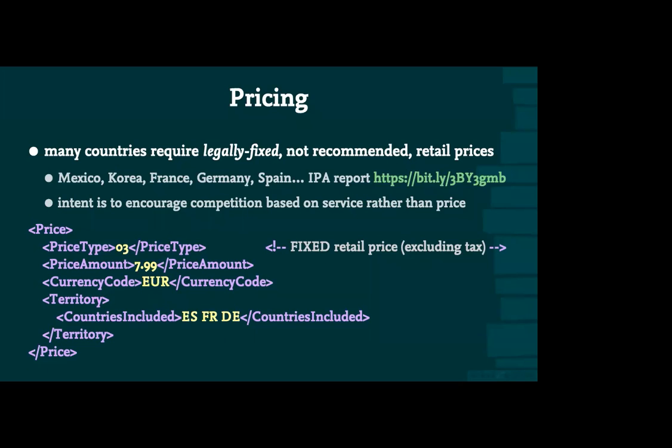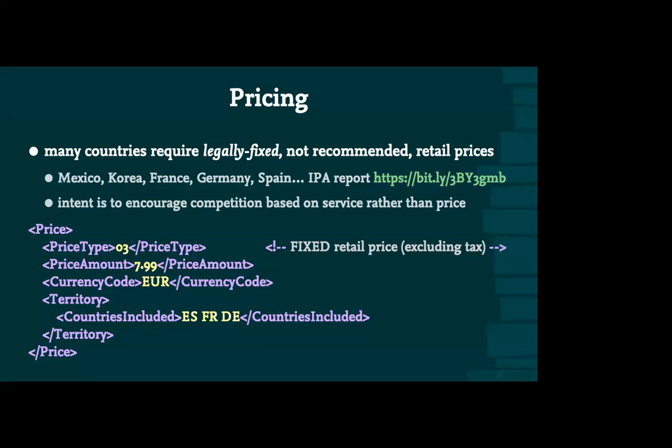Now in the US and Canada, you use price type 01 to specify recommended retail prices excluding the tax. Tax will be added at the checkout. And you probably know that in the UK, we use price type equals 02 to specify recommended retail prices including the tax. But much of the rest of the world doesn't work like this.